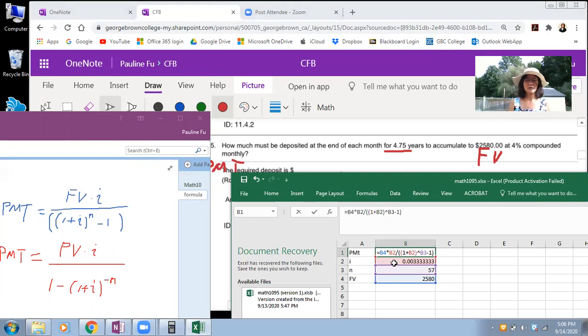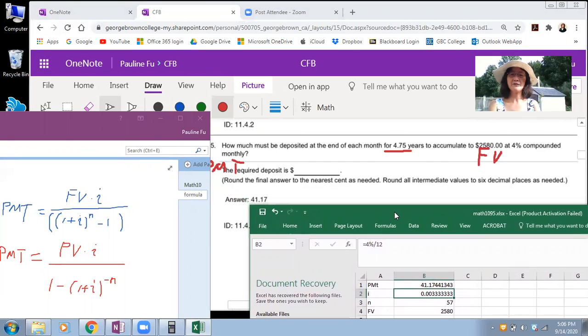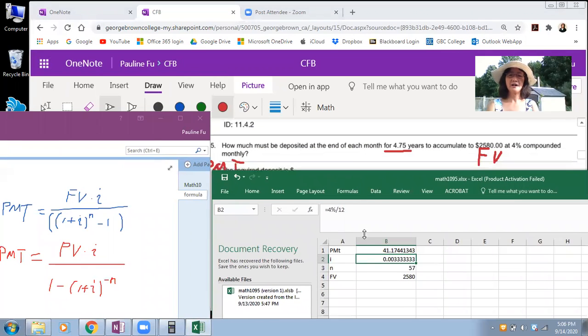Okay, press Enter key. So you get $41 here. See, it's the same as this answer here, $41.17. I'll show you the formula again, just in case. How do you calculate PMT when future value is given? Okay, so we use the formula.